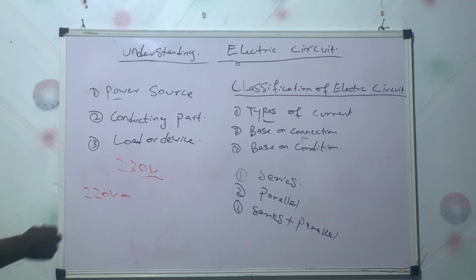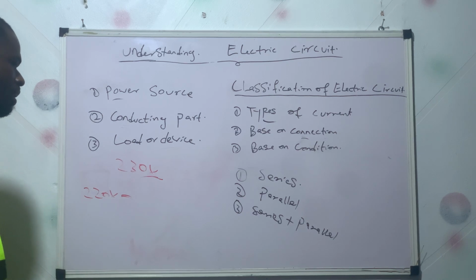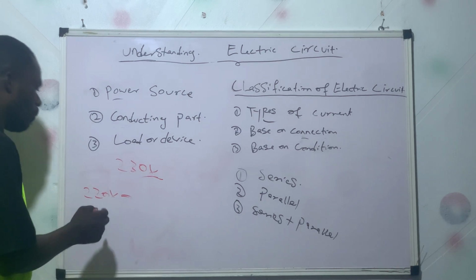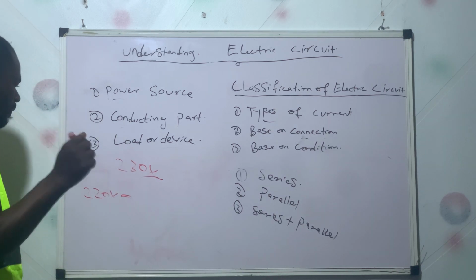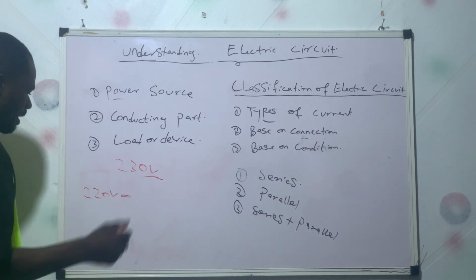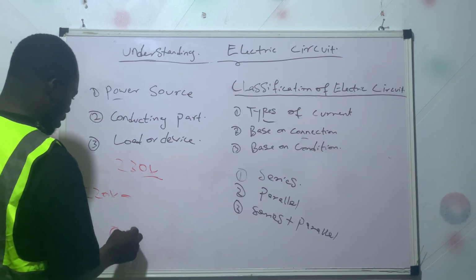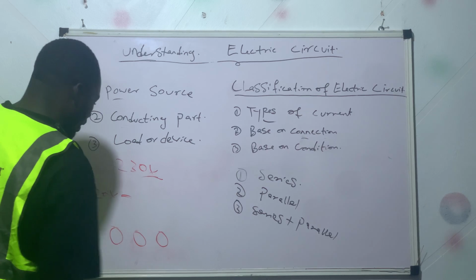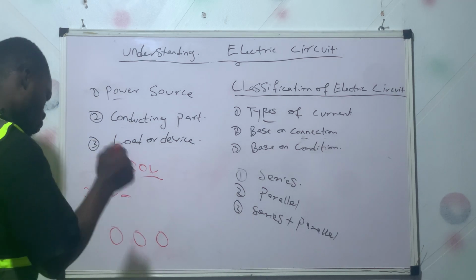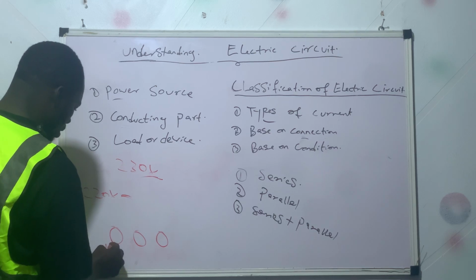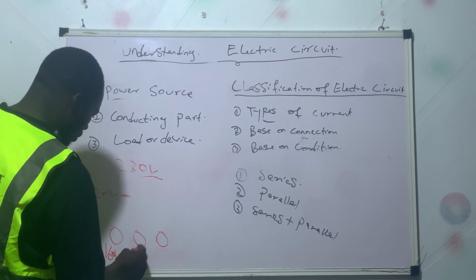If your grid is supplied in 220 volts and you want to connect your devices, which is the load, in series connection, that will not really give you what you want, because this voltage will be divided into the number of devices that you want to connect. Let's say, for example, you want to connect 3 bulbs in series, 1, 2, 3, and these bulbs are rated to come up at least between 160 volts.